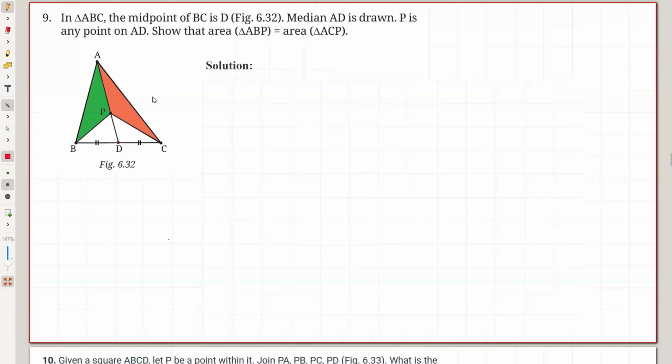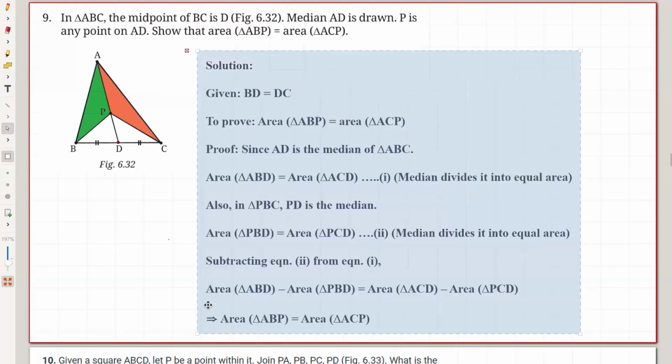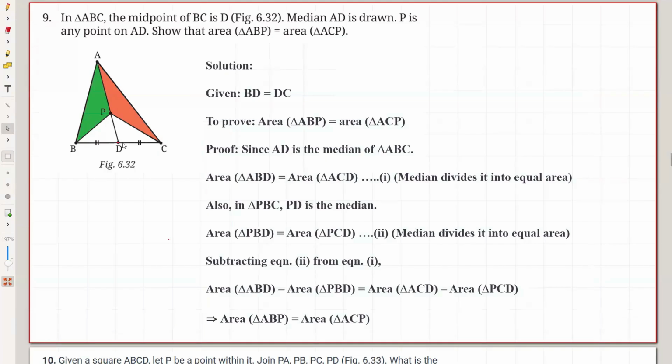Okay, so we have learned the theorem: the median of a triangle divides the triangle into two equal areas. So based on the theorem, we are going to prove this concept. Let me show the answer. First, it is given that BD is equal to DC. That means AD is the median. They have given D is the midpoint, so you can say BD is equal to DC.